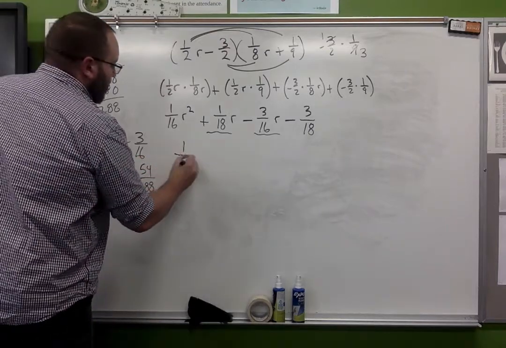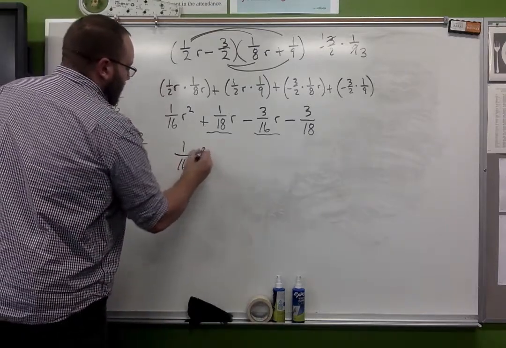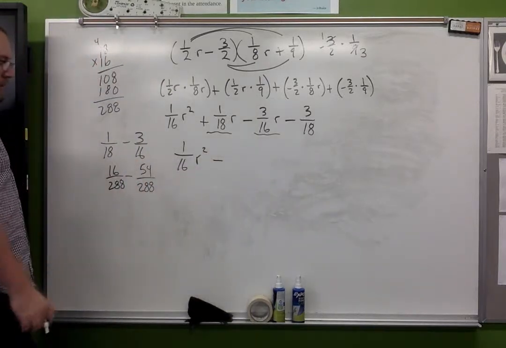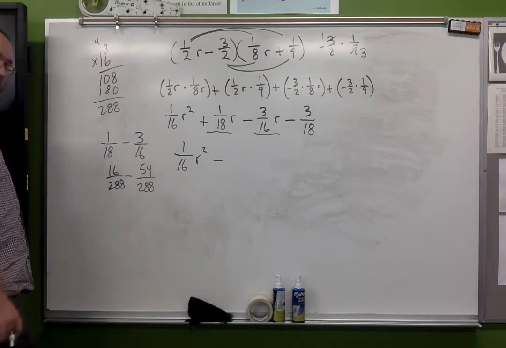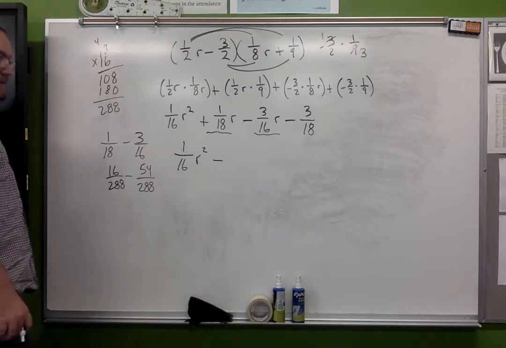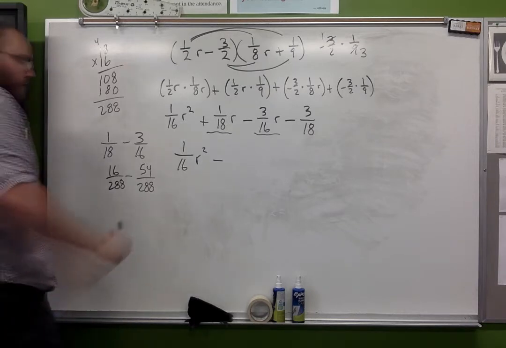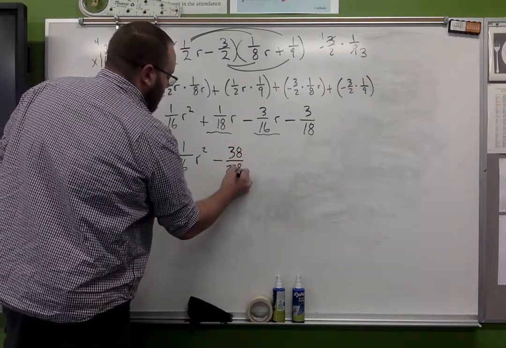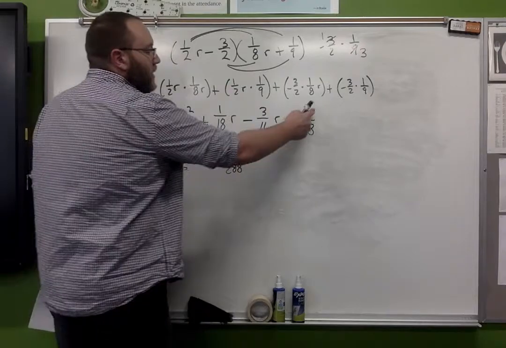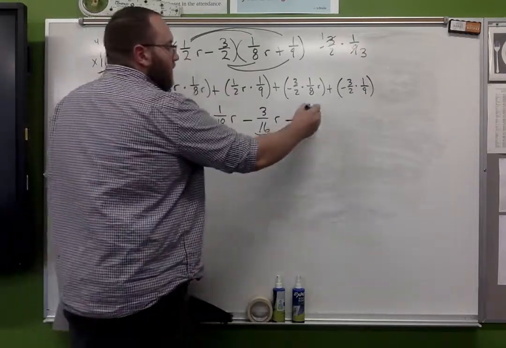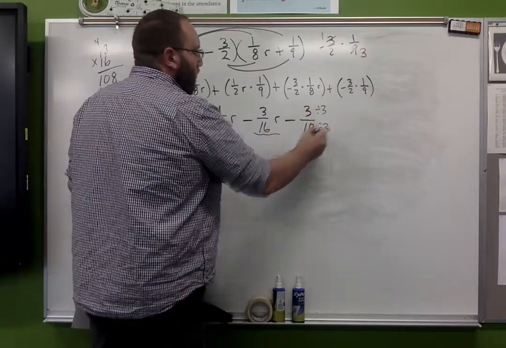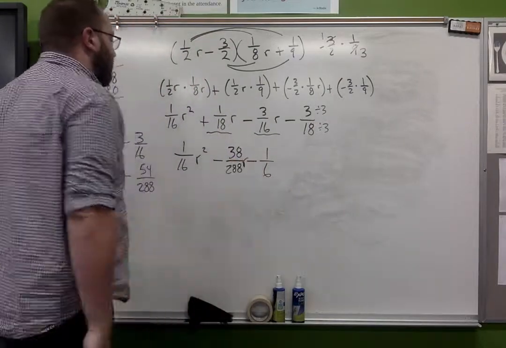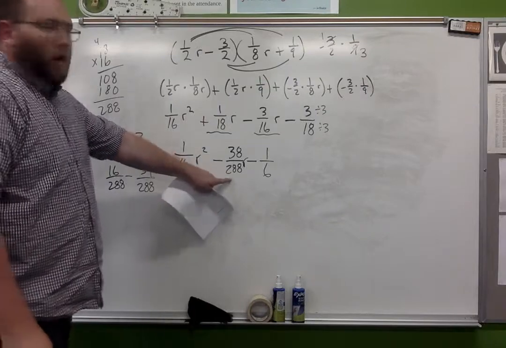So we have 1 over 16 r squared minus 16 minus 54. If you take away 10, that's 44. And then another 6 would be 38. So minus 38 over 288. Minus, now 3 over 18 reduces, right? We can divide numerator and denominator by 3. So 1 over 6. Oh, there should be an r here. This also reduces. Always reduce.